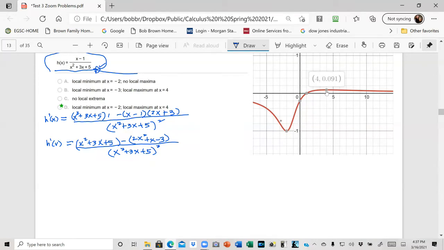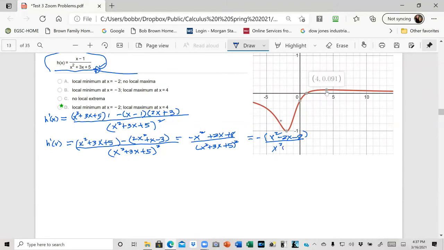And you will see that this is equal to minus x squared plus 2x plus 8 divided again by the denominator squared. And I'm going to factor a minus 1 out of that and give you minus, x squared minus 2x minus 8, divided by the denominator squared.